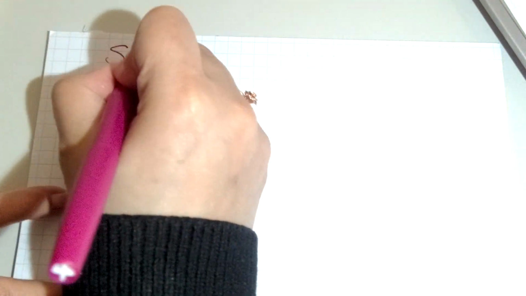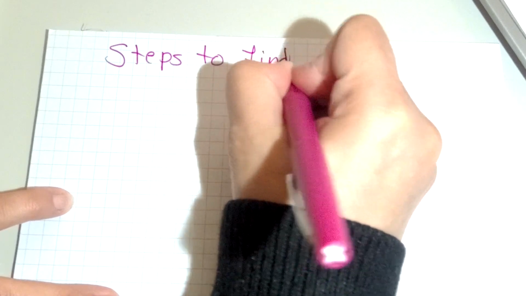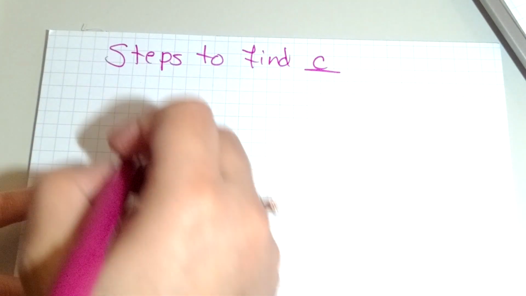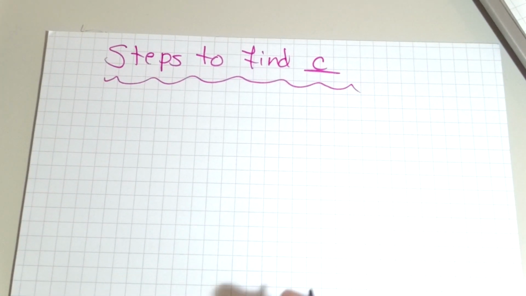So we have some steps for integration, or steps to find C. Your first step is you're going to get a problem and it's going to say f prime of x or dy dx or y prime is something.